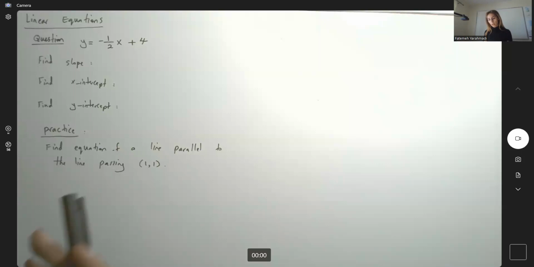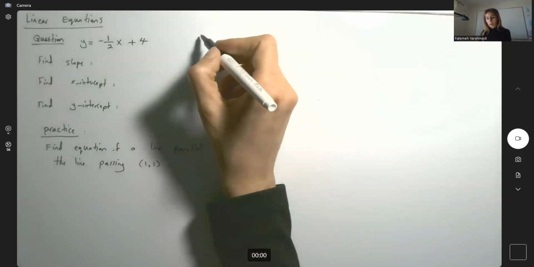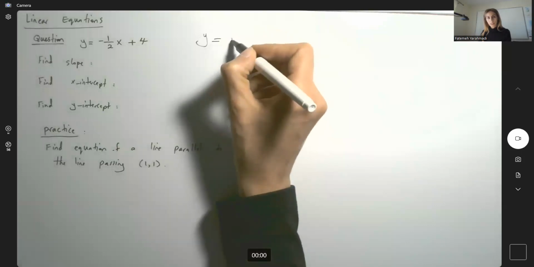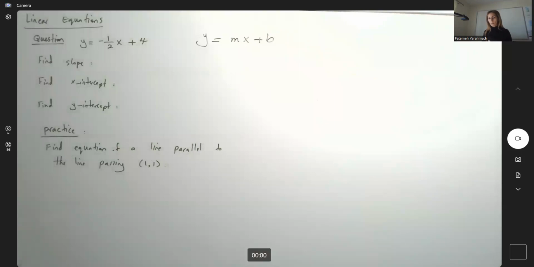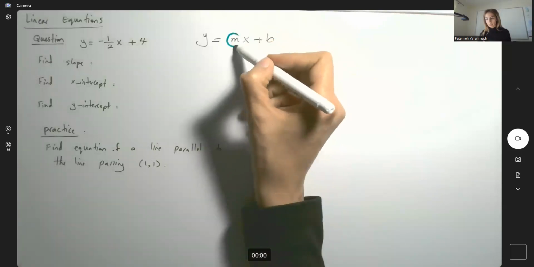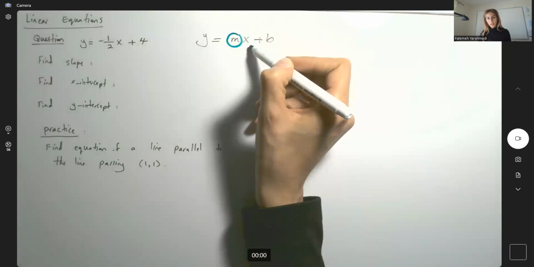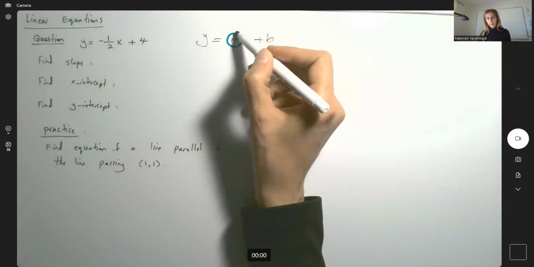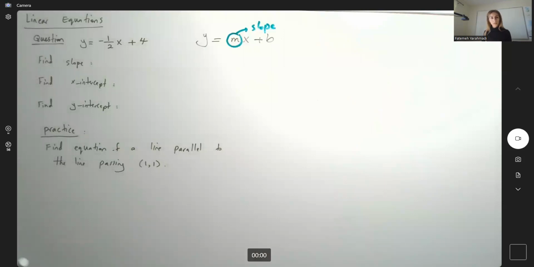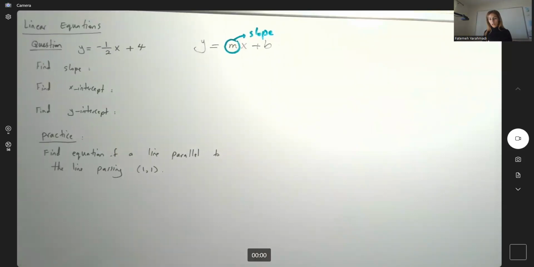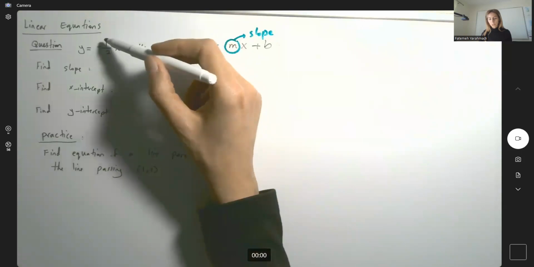So let us start. What is the slope? Always remember the definition. The formula says y is mx plus b, and the single number multiplied by x is the slope. So we're looking for the single number attached to x by multiplication.